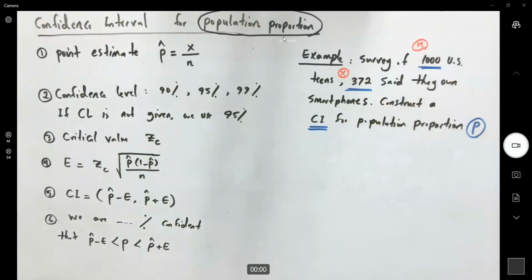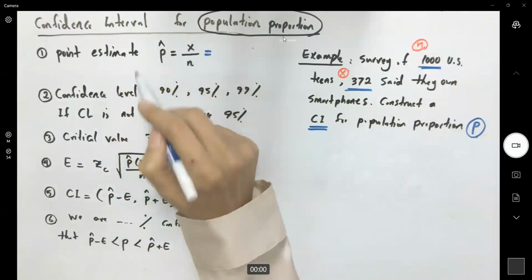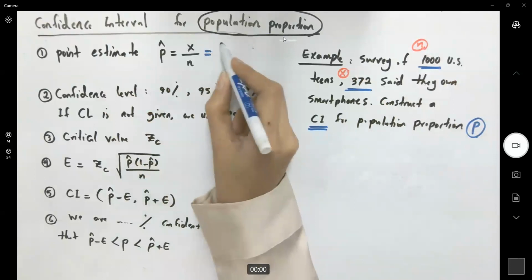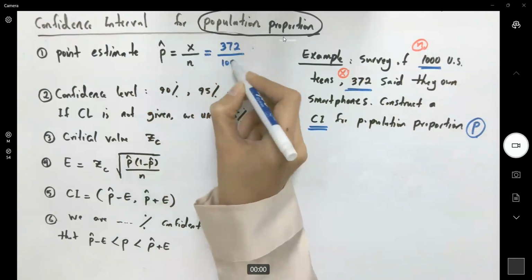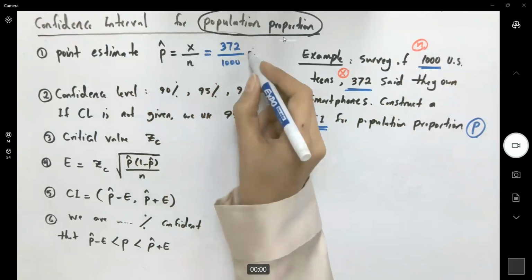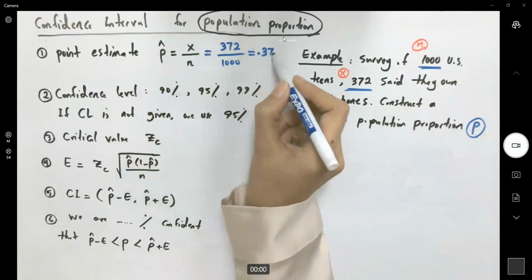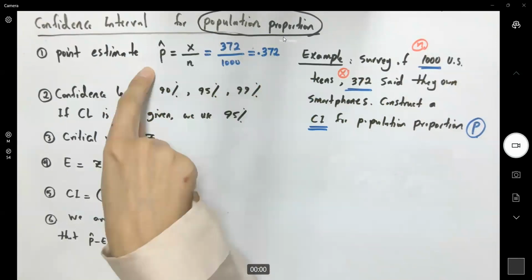So let us just plug those in and find p hat, or the point estimate, which is the sample proportion. 372 divided by 1,000. So our proportion is 0.372. We found the sample proportion.